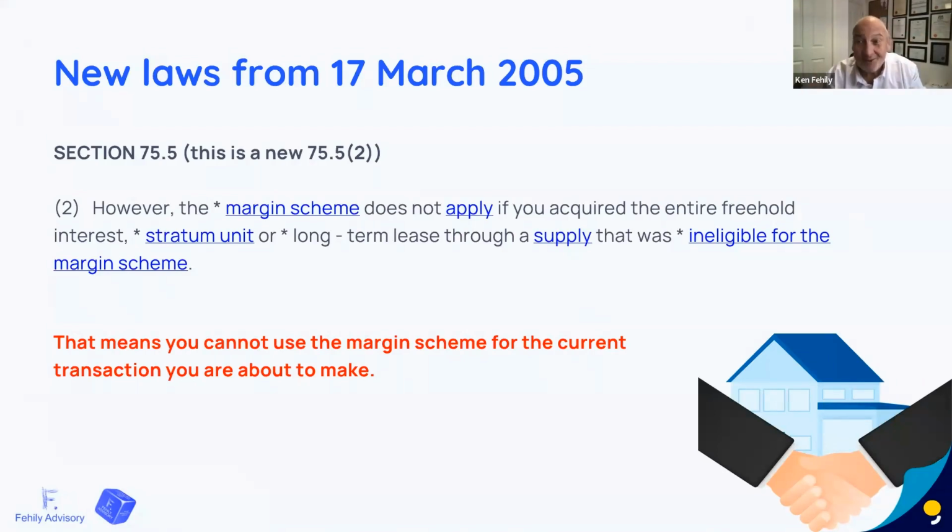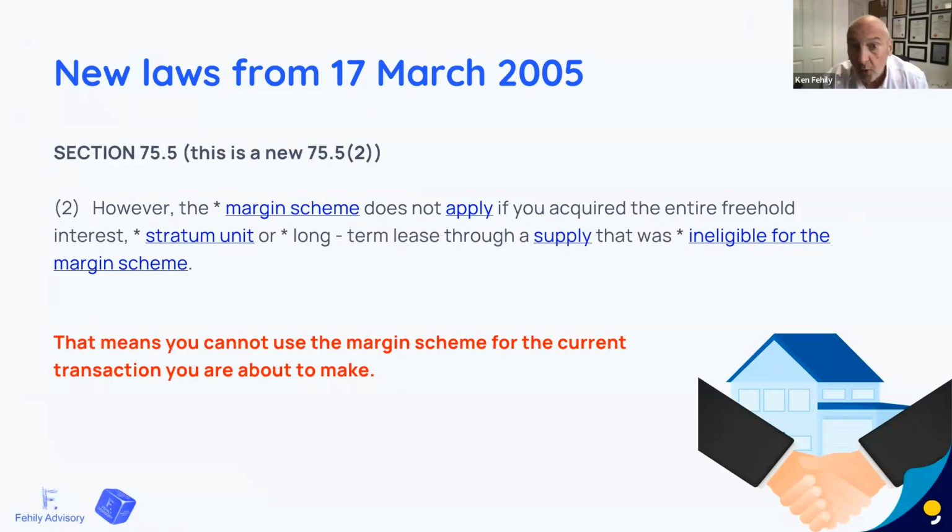Okay? Now that you know the basics, I'm going to show you how to do it, and you will be able to do it. It looks massively complicated because it is, but I'm sure you can do it. So now we're looking at the laws from 17 March 2005. We start here. Section 75.5, subsection 2, as from 17 March 2005, does not apply if you acquired the freehold or strata title where it was ineligible.